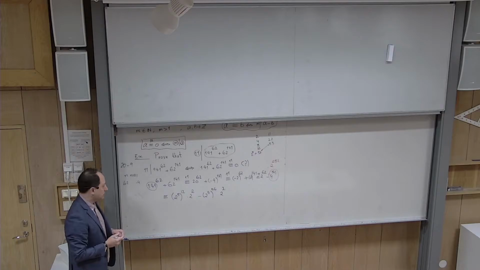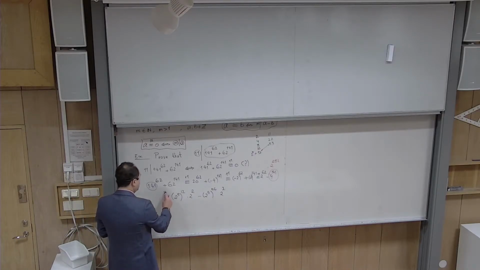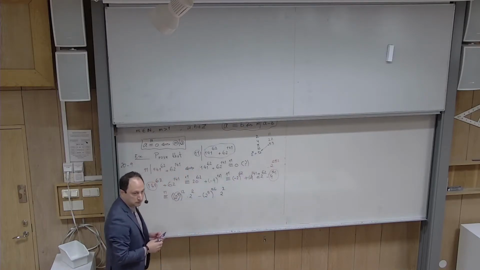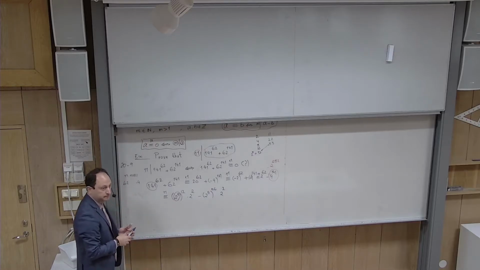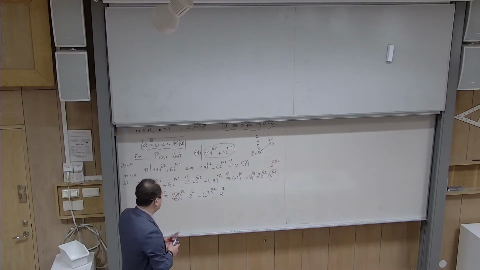Now I am working in module 11. In module 11, 2 to power 5, which is 32, has a better name. What can I write instead of 2 to power 5? 2 to power 5 is 32. Negative 1. Why?